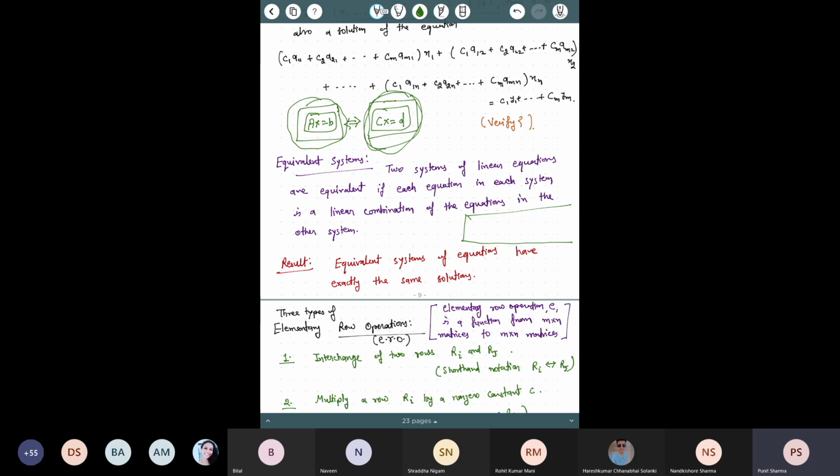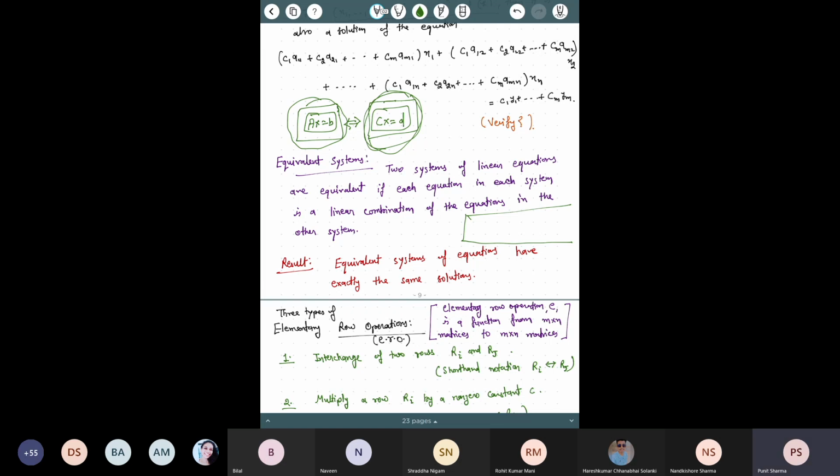So you can write an elementary operation as a function from the set of matrices to another set of matrices that satisfies certain things. For example, you just interchange any two rows, and then you will get another matrix. So that is a function. The first function is interchanging any two rows of a given matrix. You will get another matrix. It's a well-defined function from the set of matrices to another set of matrices.